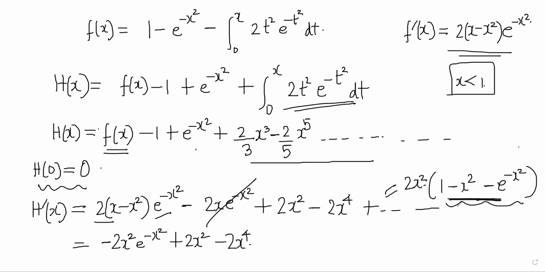We know that e power minus x. Think about this part of it. We have 1 minus x square minus e power minus x square. Okay.